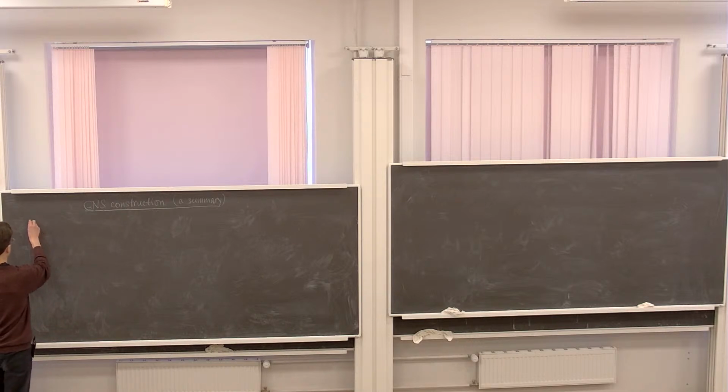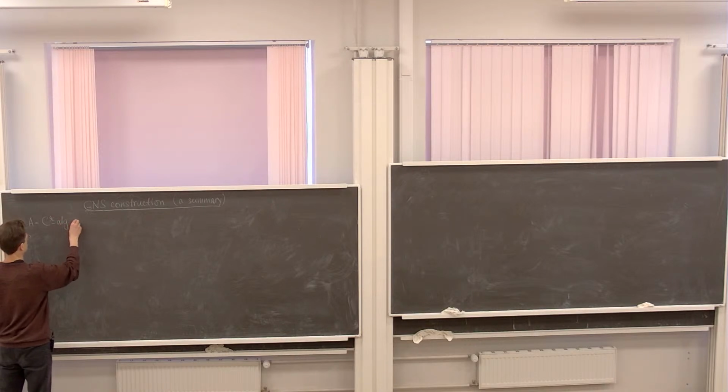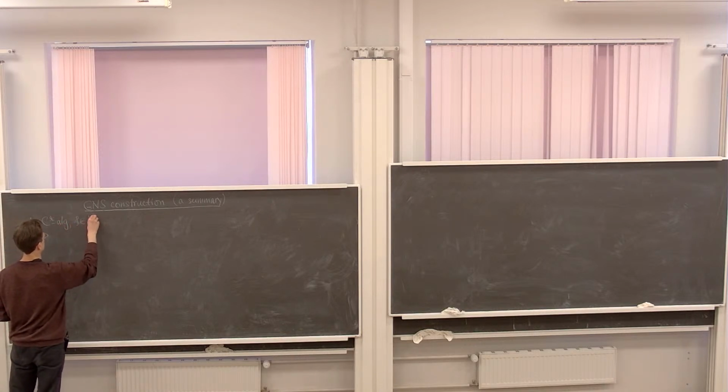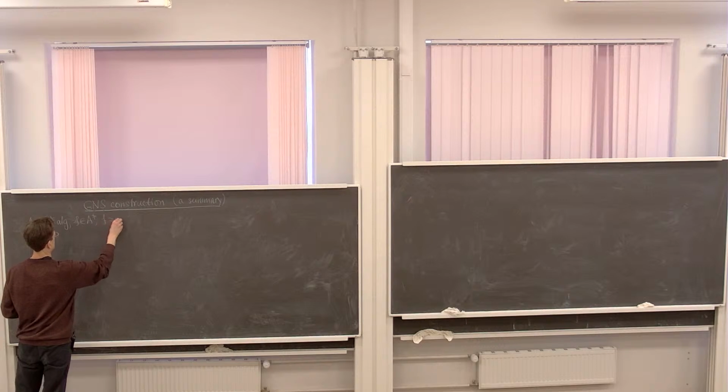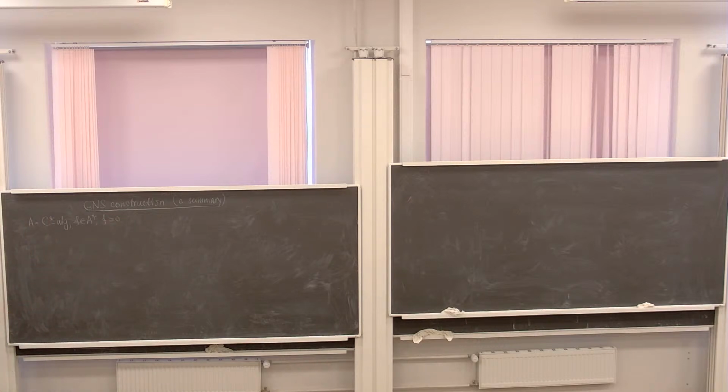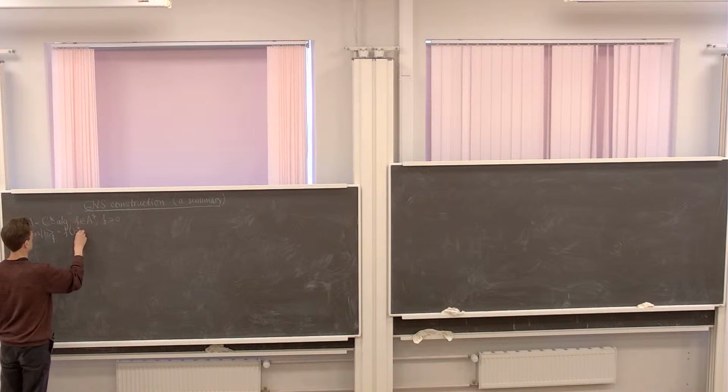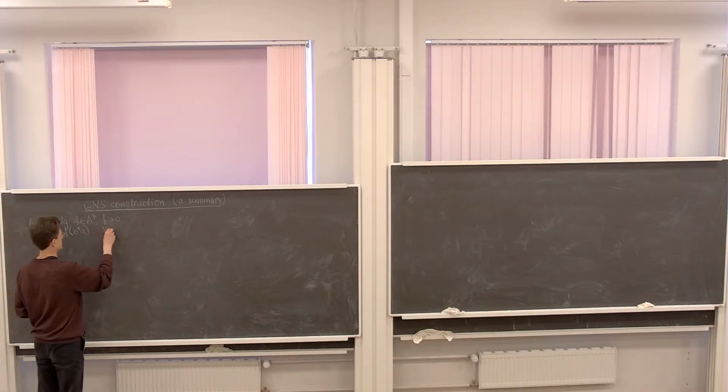So we start with the C-star algebra. A is a C-star algebra and the positive linear functional f on A. F is positive. And we define a semi-inner product on A by the following rule. This is a semi-inner product.